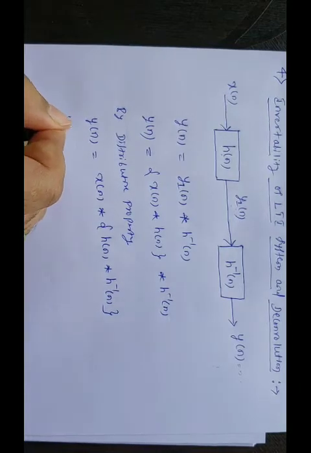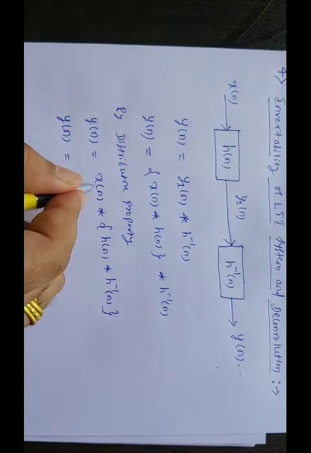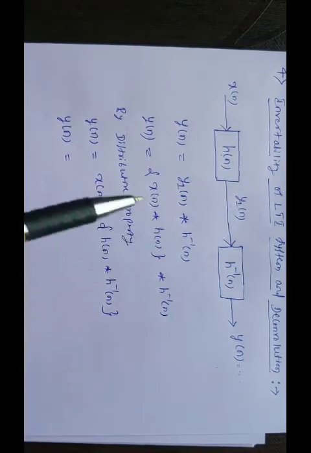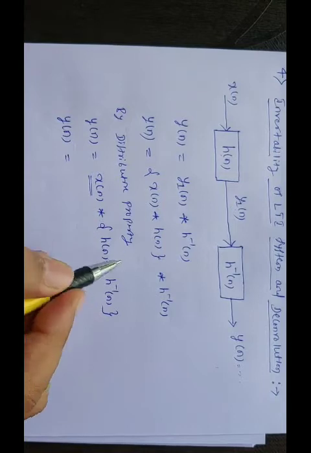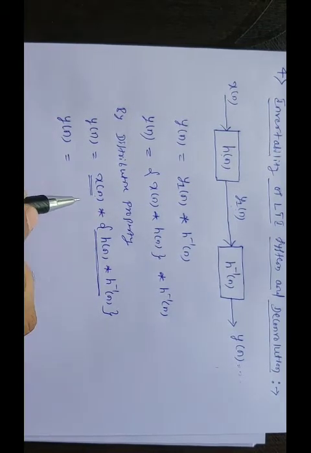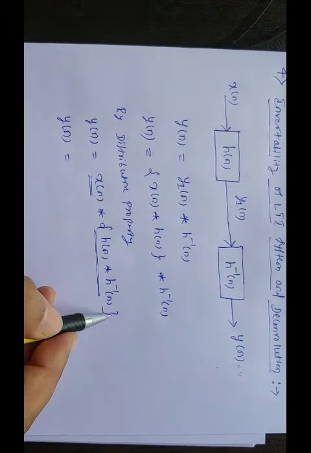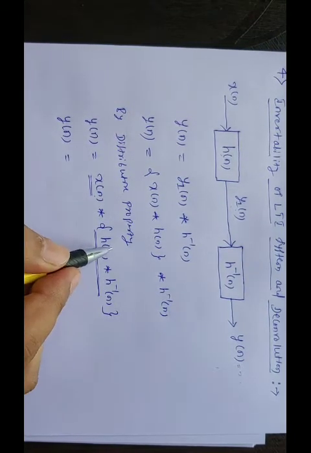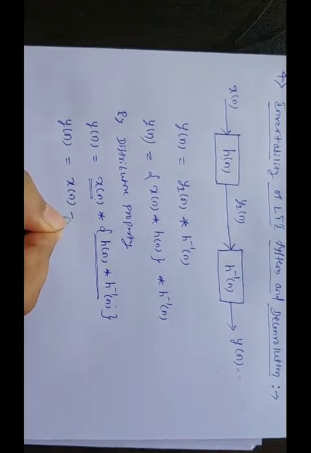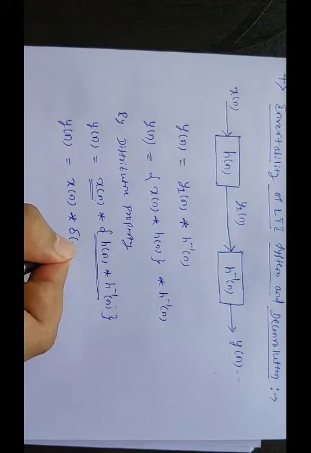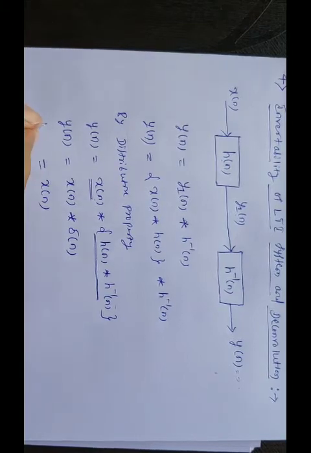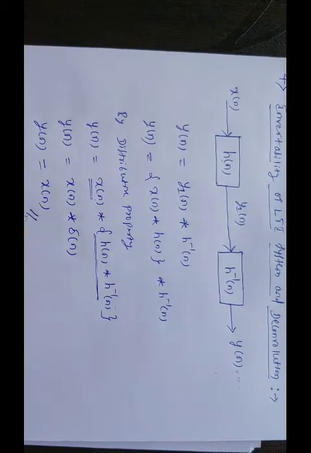I have to get x of n back, that means I should get y of n equal to x of n. So if x of n is convolved with this term, after that I should get x of n. The only possible condition is if it is a delta function. That means x of n is convolved with the delta function, and only then is it possible to obtain y of n equal to x of n.